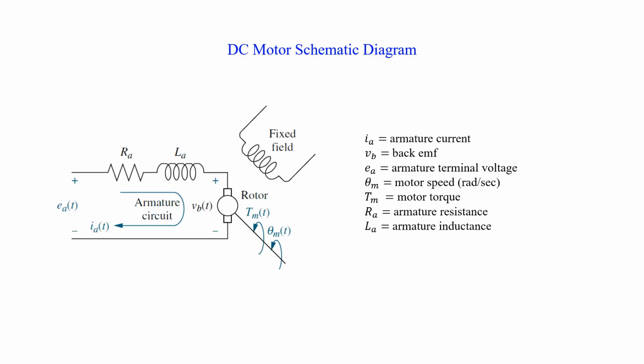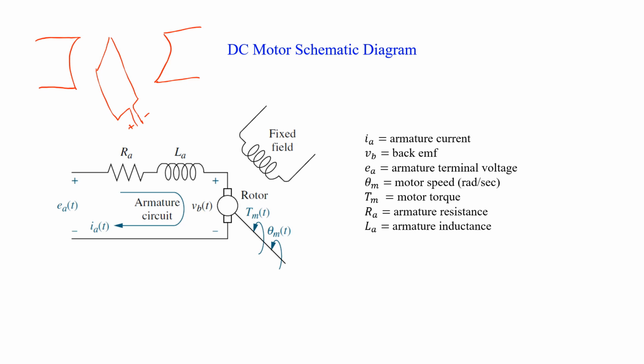The basic working principle of a motor is that if we have some magnetic field like this one, and we place a coil like this one, and we apply a voltage at the ends of the coil, then there will be a current which flows through the coil.